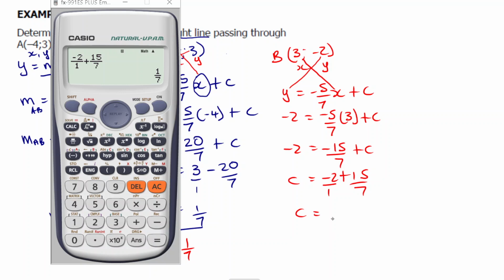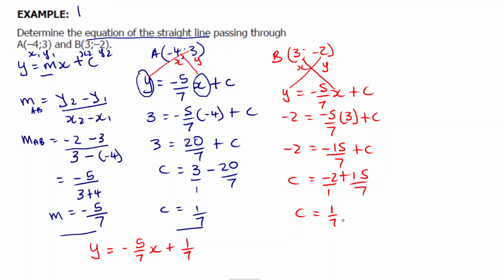So the answer is still the same. It's 1 over 7. So you can see that the equation is still the same, negative 5 over 7x plus 1 over 7. So even if you take point B or point A, the answer will be the same. So this is the equation of a line that we are required to calculate for example number 1.